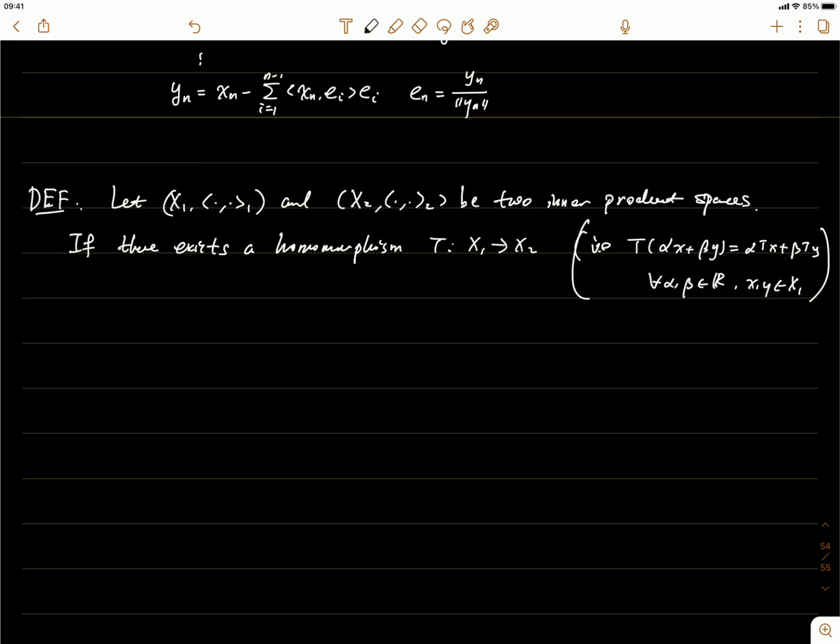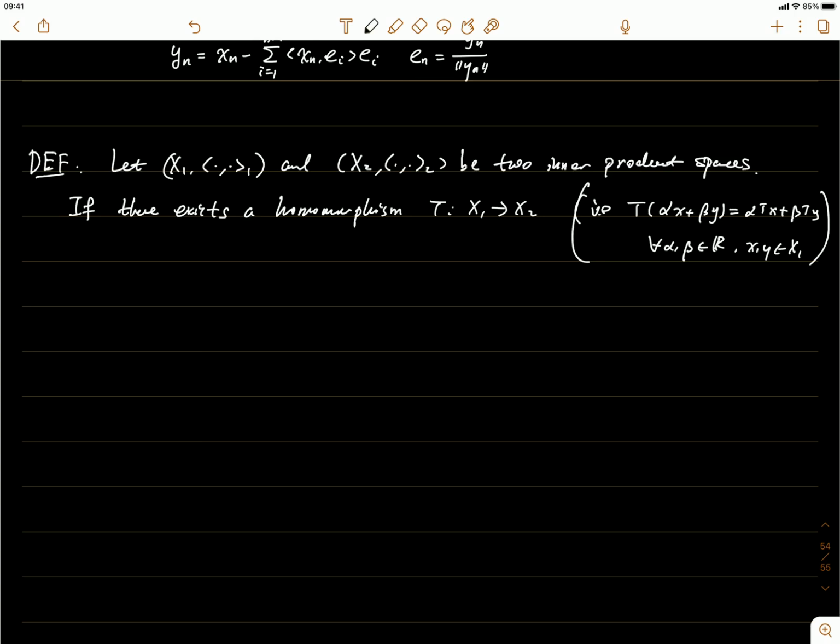If this homomorphism also satisfies that for every x and y in X1, the inner product of Tx and Ty, because after the mapping these Tx and Ty are in X2 now, is always equal to the inner product of x and y in the first space, then we call T an isomorphism.